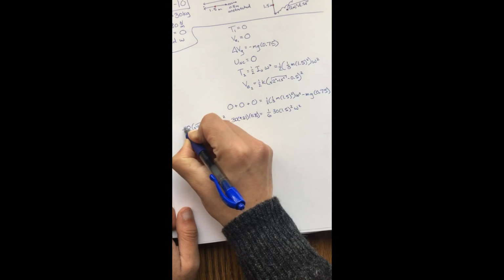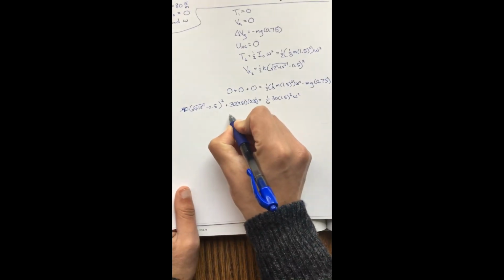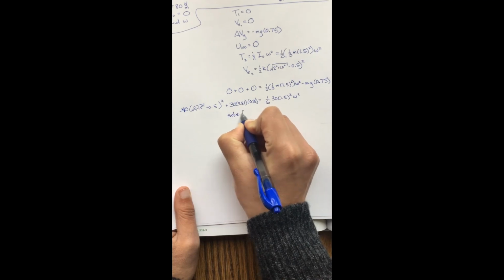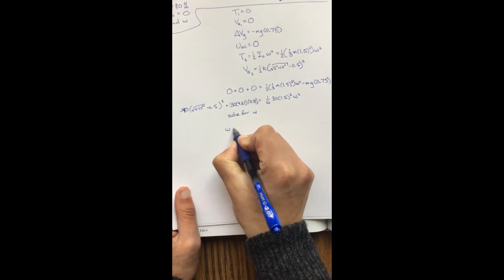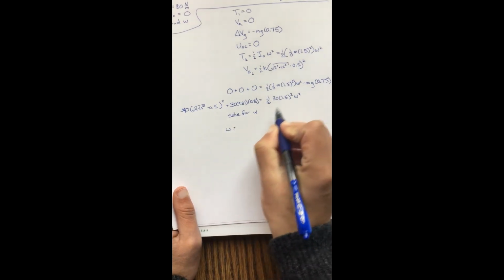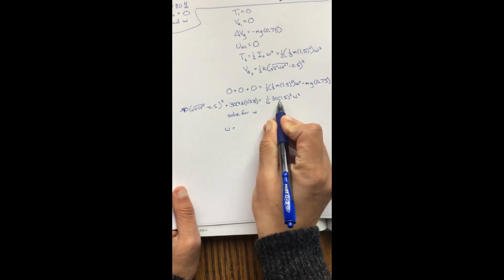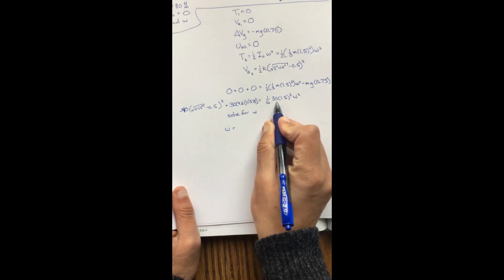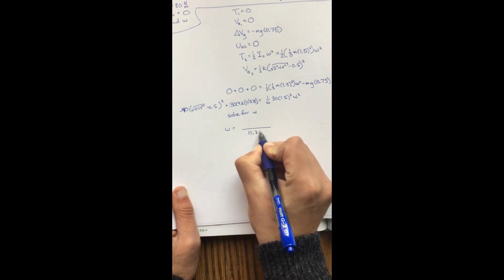Okay, and then solve for omega. This 1/6 times 30 times 1.5 squared is 11.25.